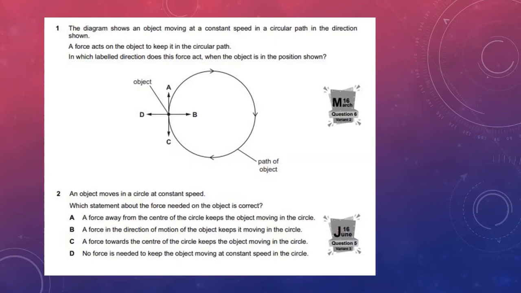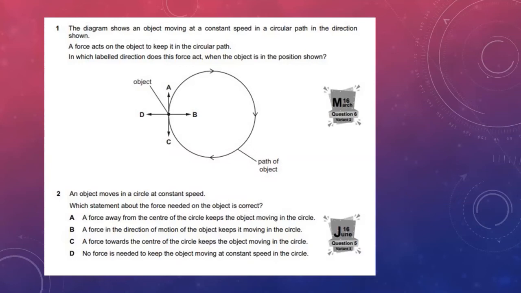B. Please raise your voice. B, force in the direction of the motion of the object keeping it moving in a circle. Okay. What about your answer, Farah? I think it's B also. B. Okay.